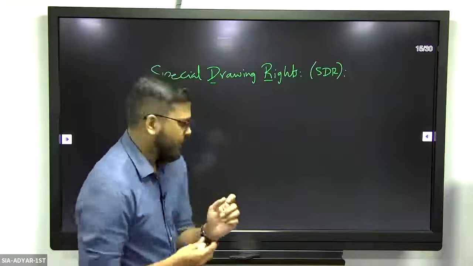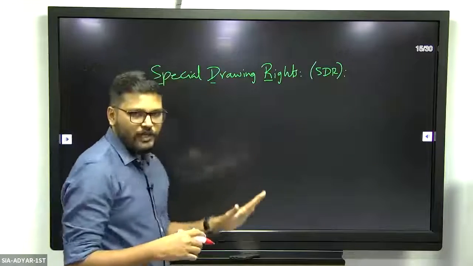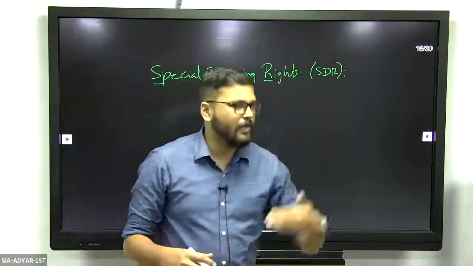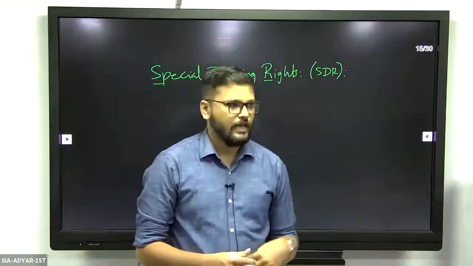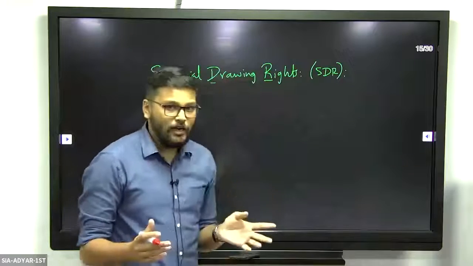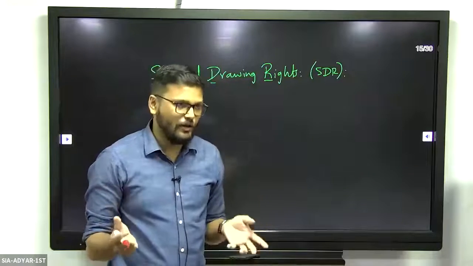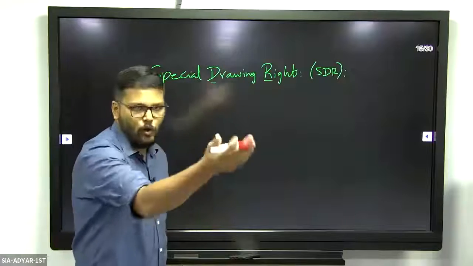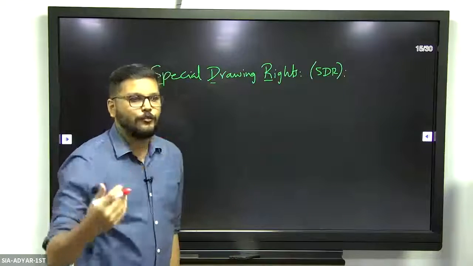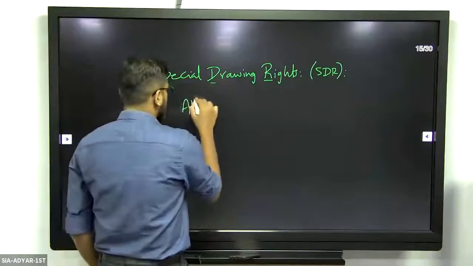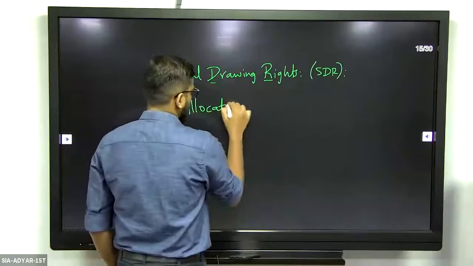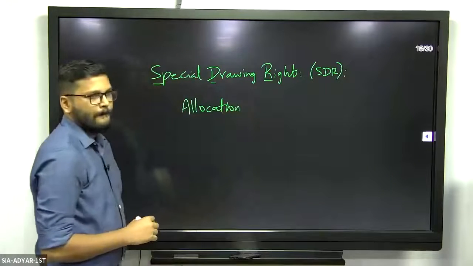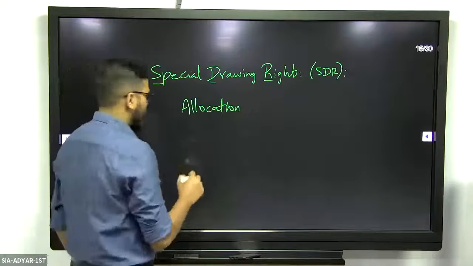What do I mean by that? It is like the IMF's currency. It's like the IMF saying, I am giving you some SDR. And I already told you there is no such physical thing called SDR. But they say that when you pay us a quota, we are going to allocate some SDR to you.